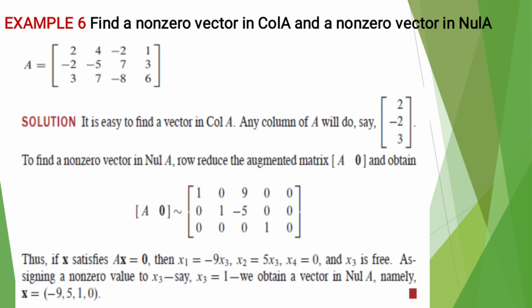So the first equation is x1 plus 9x3 equal to 0, the second one x2 minus 5x3 equal to 0, the third one x4 equal to 0. These four values we write in the x vector. Then we get x as minus 9, 5, 1, 0. It is an element of null A.